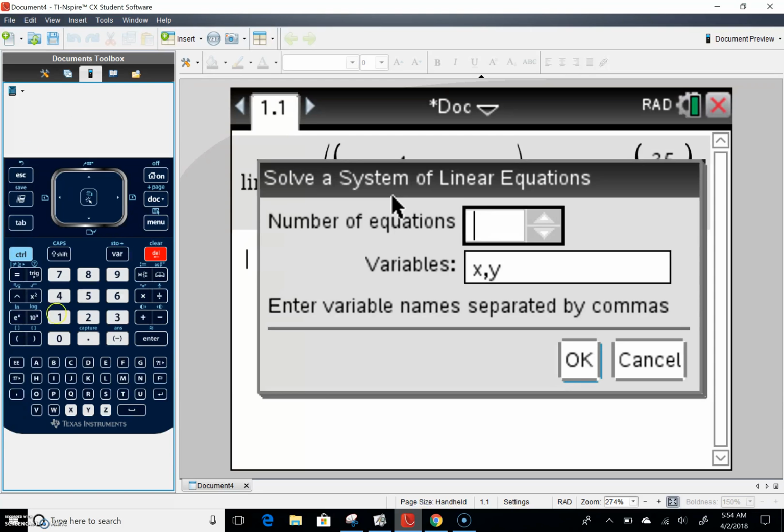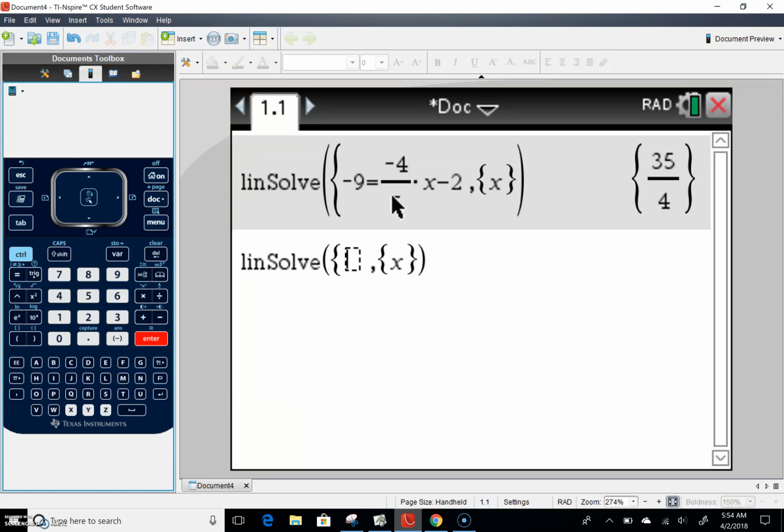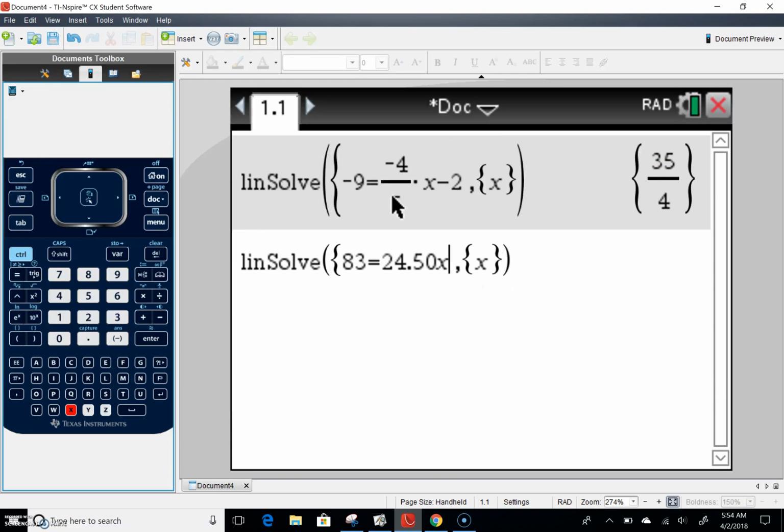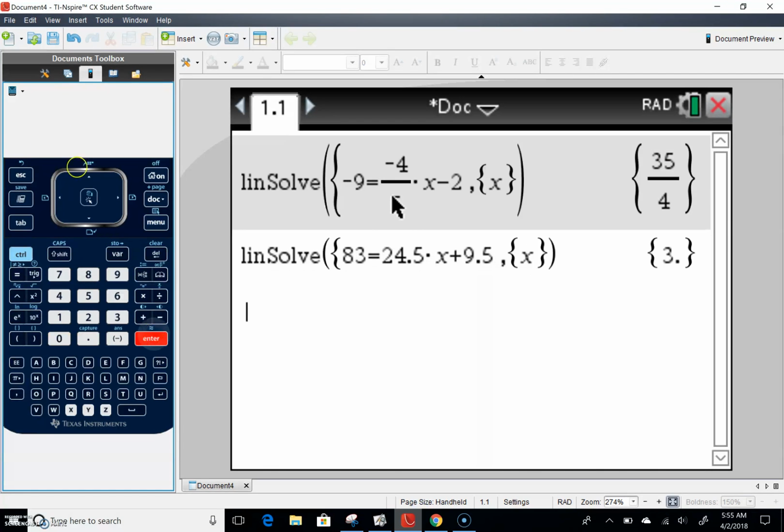Delete, I want 1, enter. So this time it's 83 equals 24.50x plus 9.50. So the answer is 3.